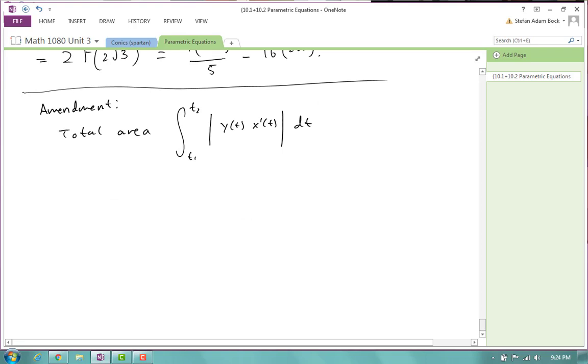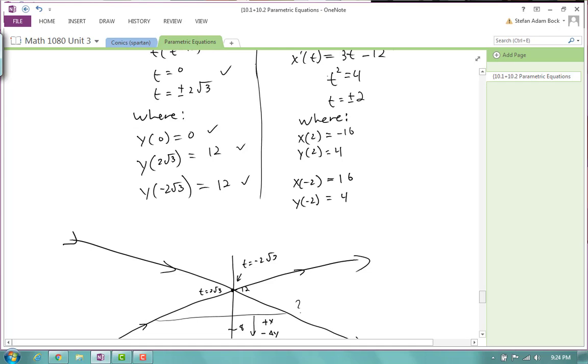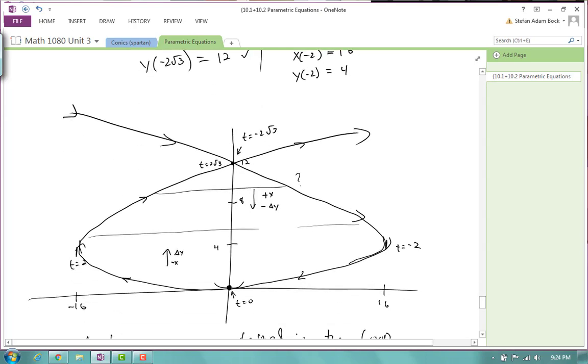For the sake of time, I will not actually fill out arc length or surface area integrals because the process by which they work is the same. You should draw your picture because your integrals are going to be in terms of t values, and so you need to draw your picture to determine exactly where your t bounds are going to be.